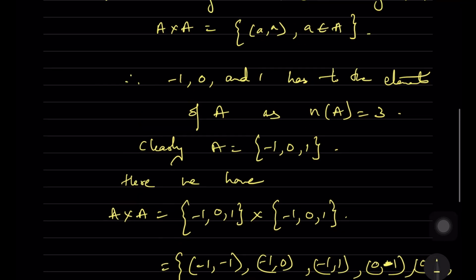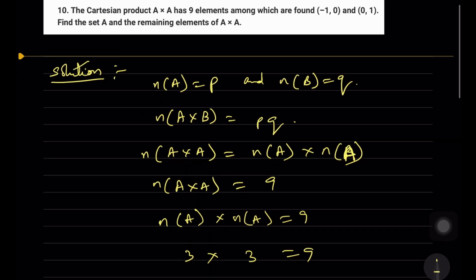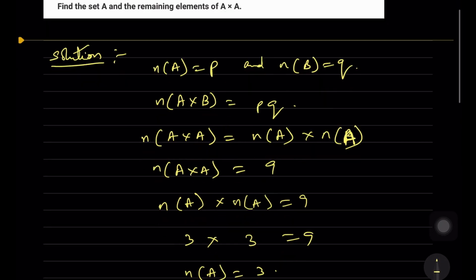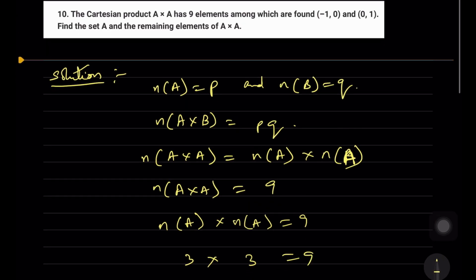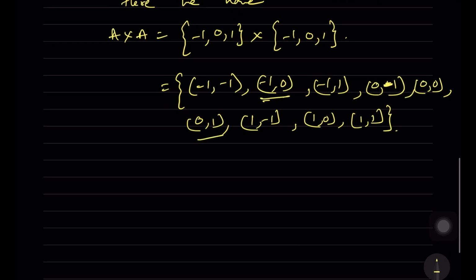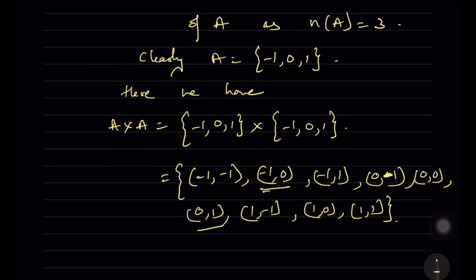So now you can see that the elements which have been given over here, those two elements, that is (-1, 0) and (0, 1), are elements of A cross A. Therefore A consists of -1, 0, 1, this is the answer. And if you remove these two elements, the remaining elements which are left off will be the answer. So these are the remaining elements of A cross A.